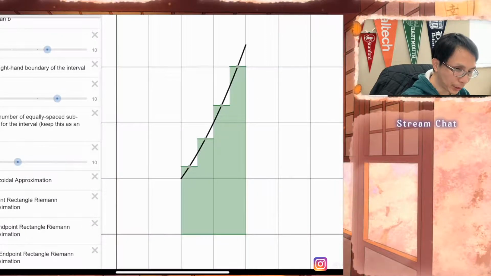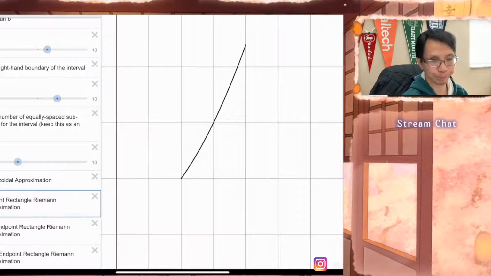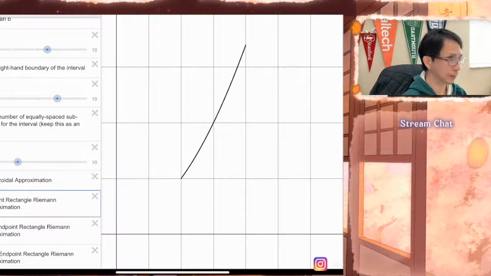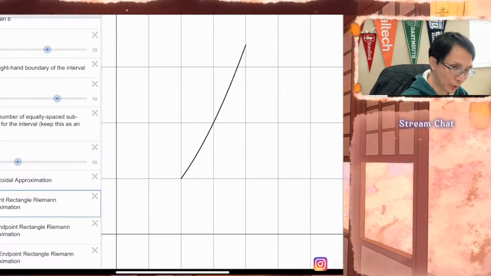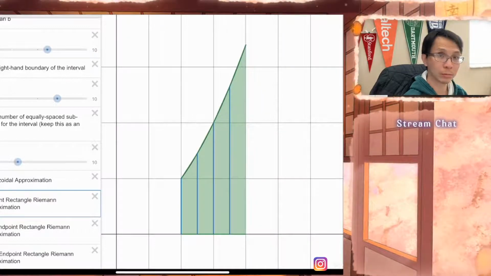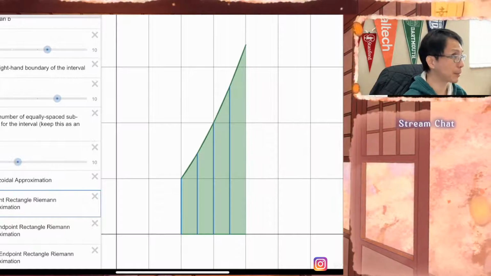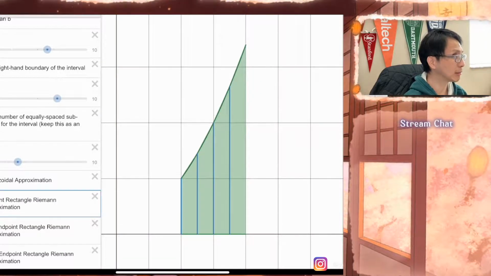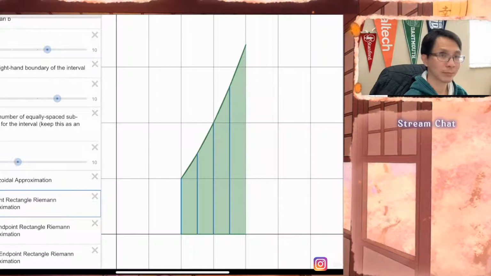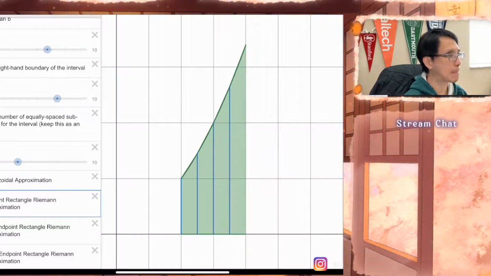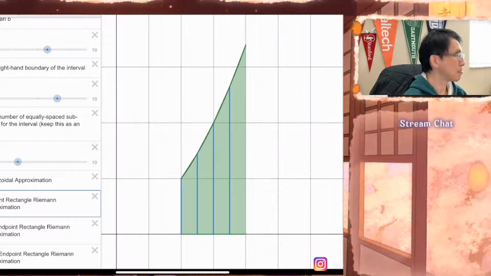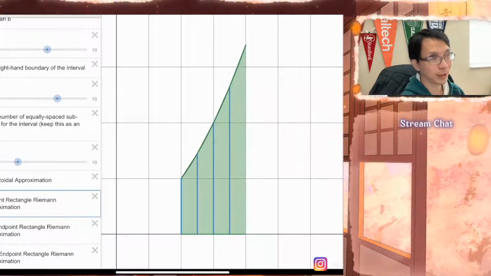Now the next thing we're going to use is a trapezoid, and we're going to use 4 trapezoids. Now, I just want you to understand this. Whoa. This is a very good approximation, right? Are they over or under? Maybe like exact. Really?